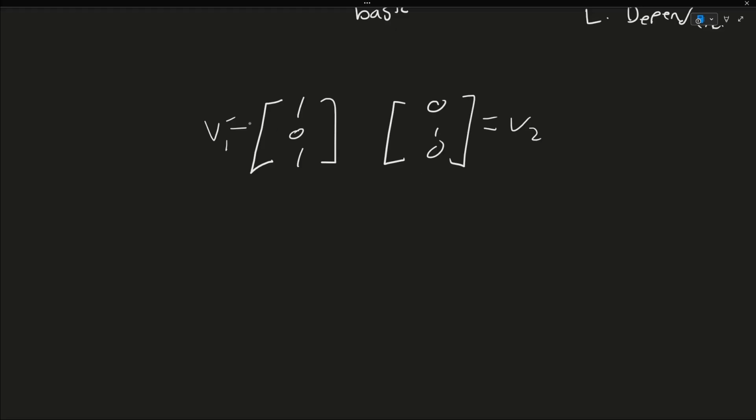Although I could multiply v1 by 0, there's no way I could convert this 0 to be 1. So it's impossible for me to get v2 out of v1 using any number. It's just physically impossible.